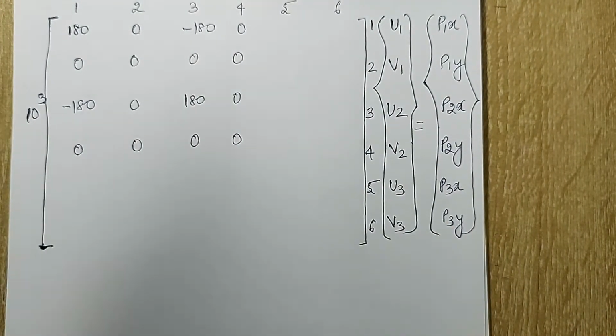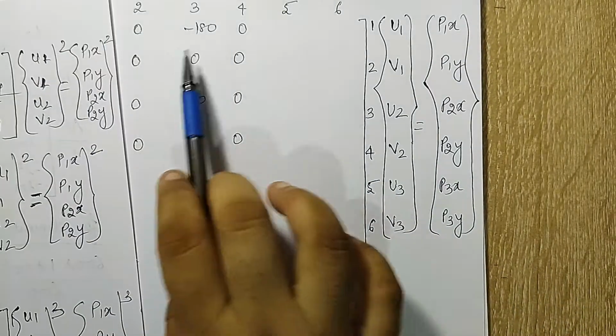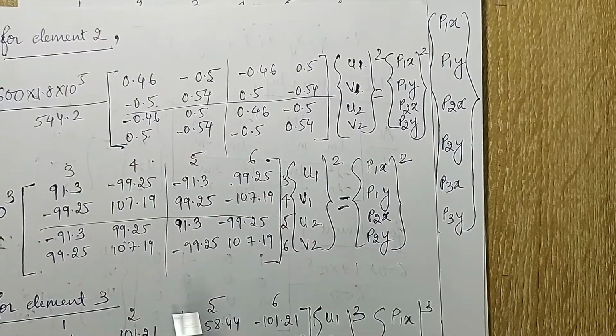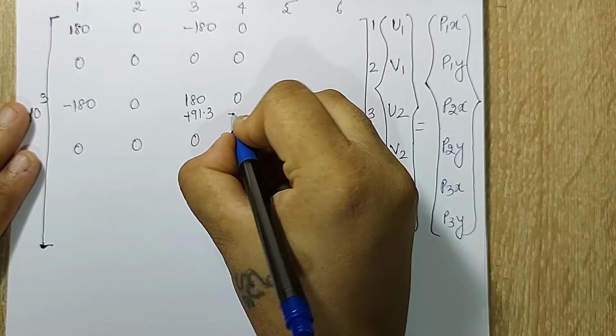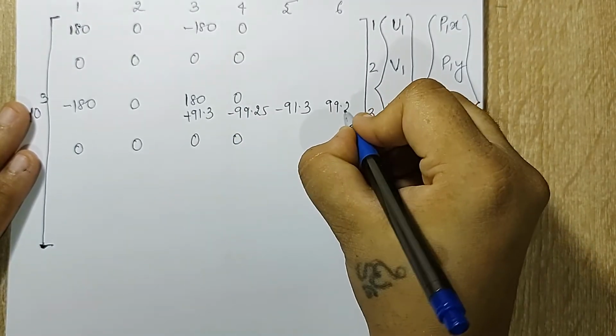Next I'll go for element 2. Element 2 is between 3, 4, 5, 6. So it will be 3, 4, 5, 6 and 3, 4, 5, 6 over here. And these are the values. So let me place them. Plus 91.3 minus 99.25, 91.3, 91.25.